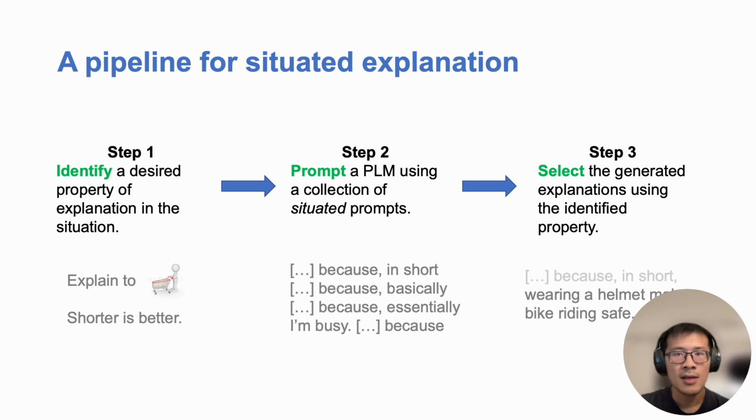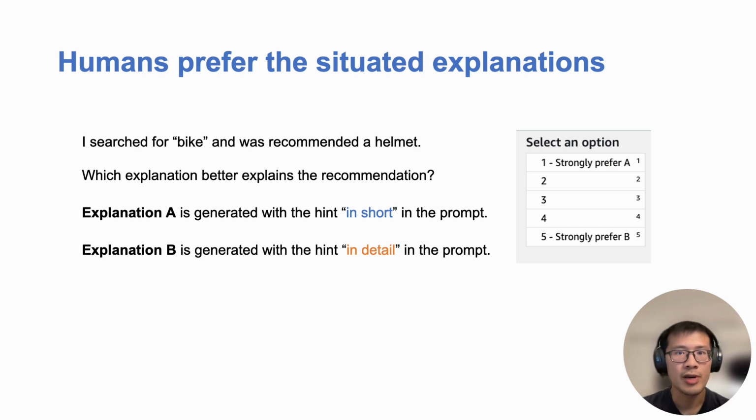So, how do different prompts work in terms of changing the explanations? We use a human annotation study to illustrate the effect. On Amazon Mechanical Turk, we present 2 explanations per question.